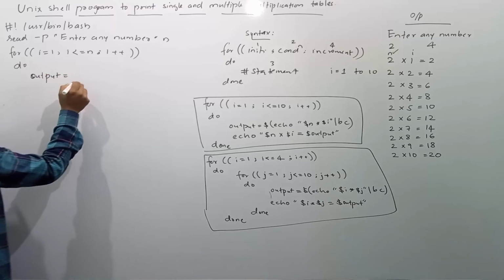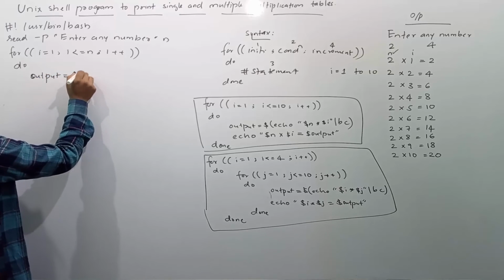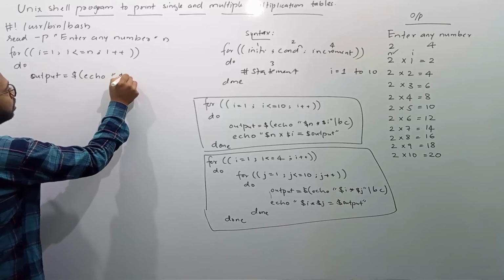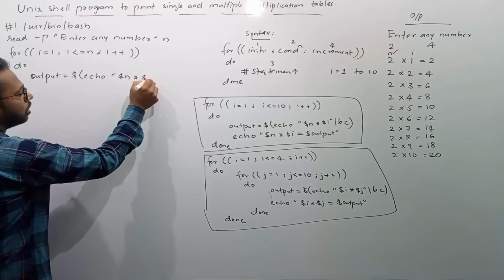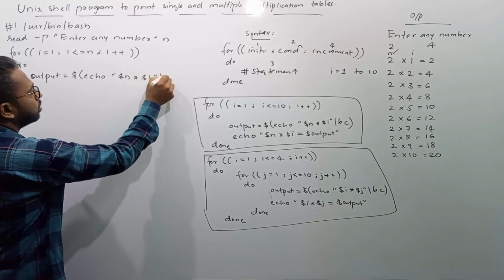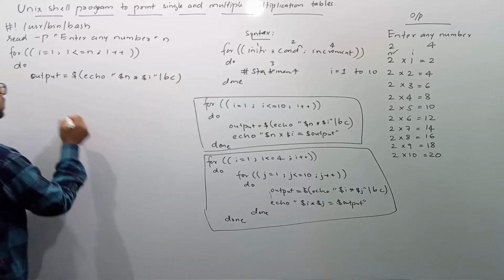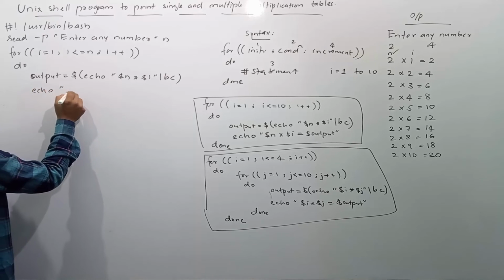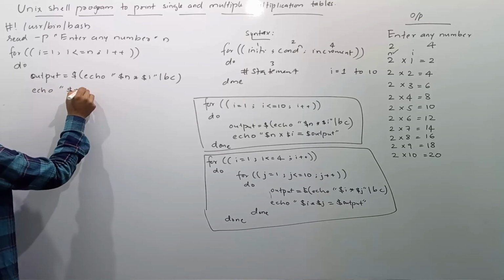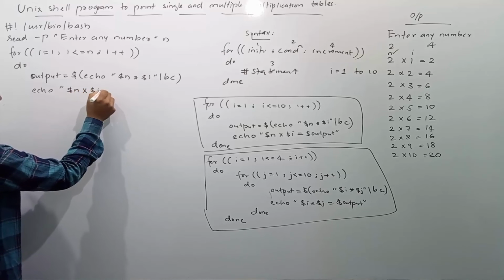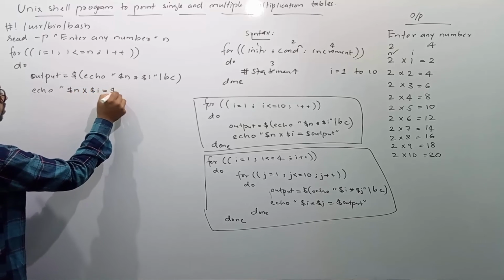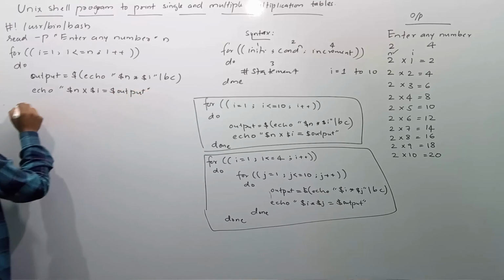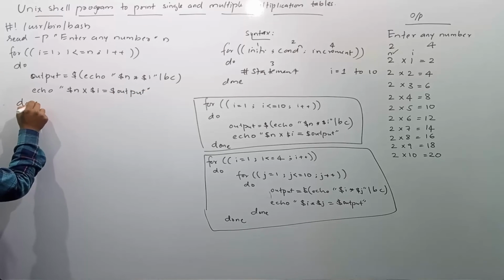Output is equal to dollar, echo, dollar n into dollar I, pipe bc. Then echo dollar n cross dollar I is equals to dollar output, double quote close, and done.